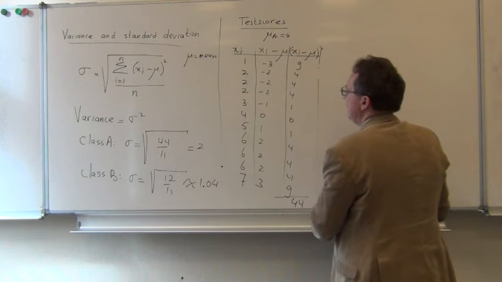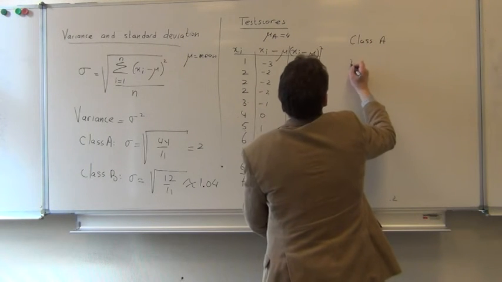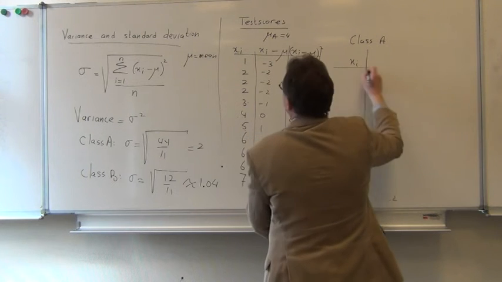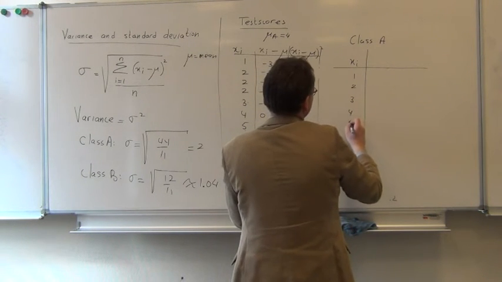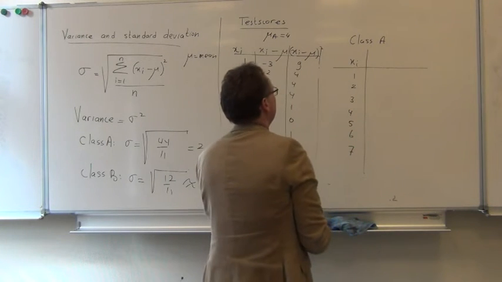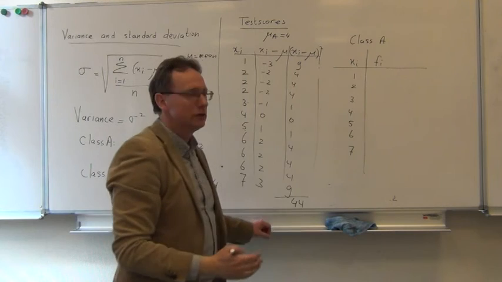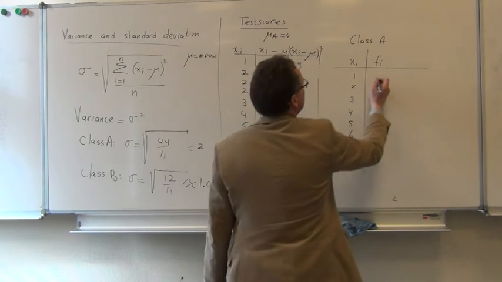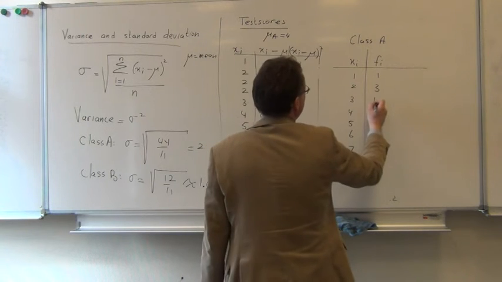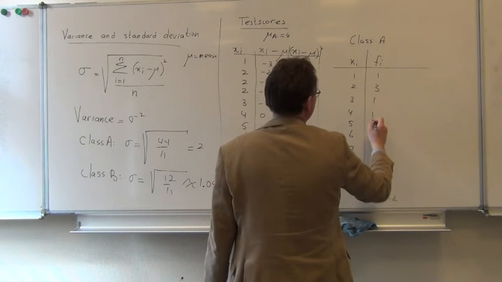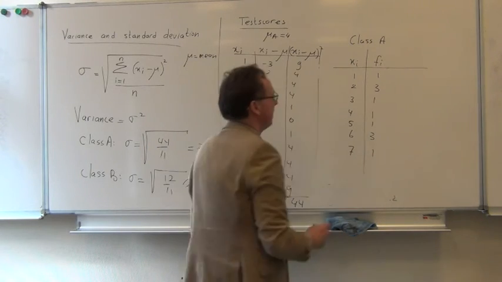So if you write down the same table using frequencies for class A, you can say, well, these are the grades: 1, 2, 3, 4, 5, 6, 7. And then we have the frequency involved. So it's how often it occurs. So for grade 1 it's 1. For grade 2 it's 3, and then we have a 1, a 1, a 1, 3, and a 1 again.